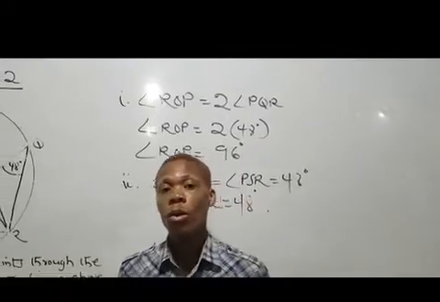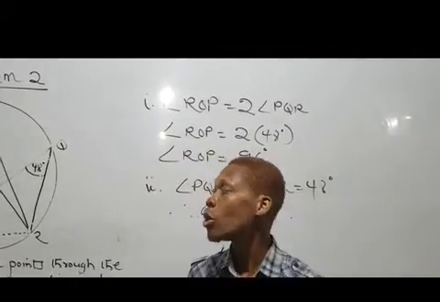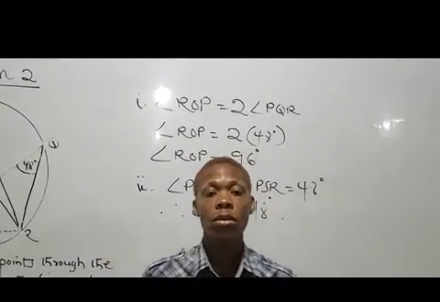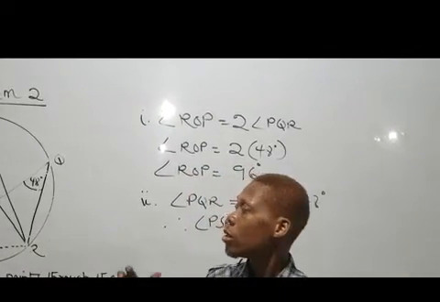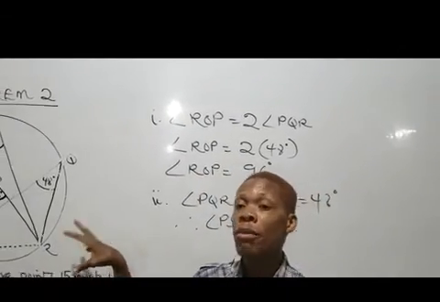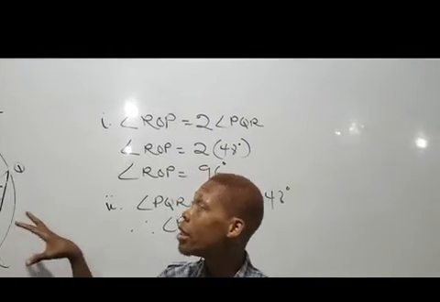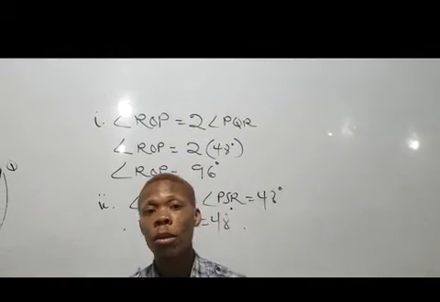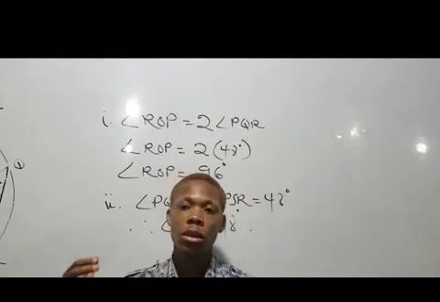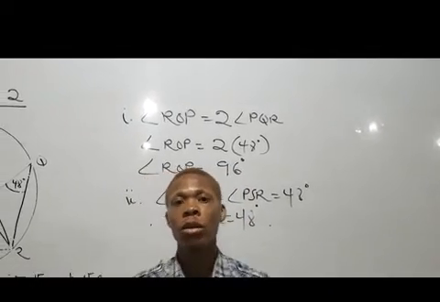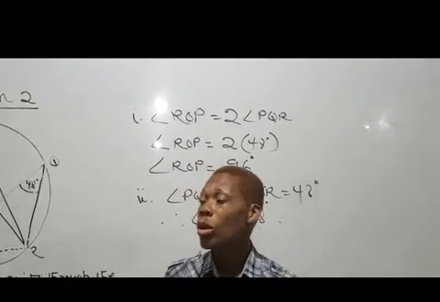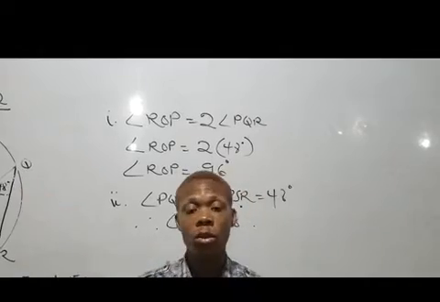So we have been able to look at theorem 2 for today's lesson. I would want you to have enough time to study theorem 1 and theorem 2 well. You can look through your past questions, and there are textbooks as well to assist you to go through some of these questions.